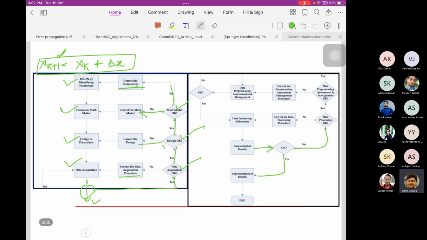Sometimes what happens, as Vali Shetty told in one case, is that you have a redundant number of observations. Redundancy means, let's say you have to find out x, and that x could be estimated by only three observations, L1, L2, L3, but instead you have extra observations L4, L5 and L6.